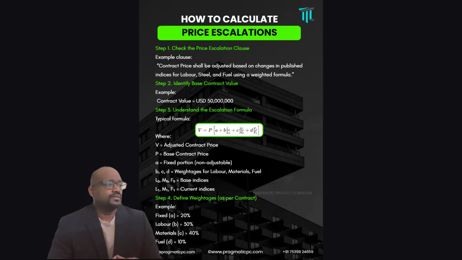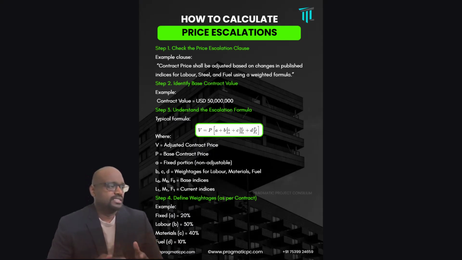This is the most commonly used price escalation formula, where B is the adjusted contract price, which we are going to calculate, and P is the base contract price. In this example, we have taken 50 million. A is the base fixed price portion, which will not have any impact from price escalations.